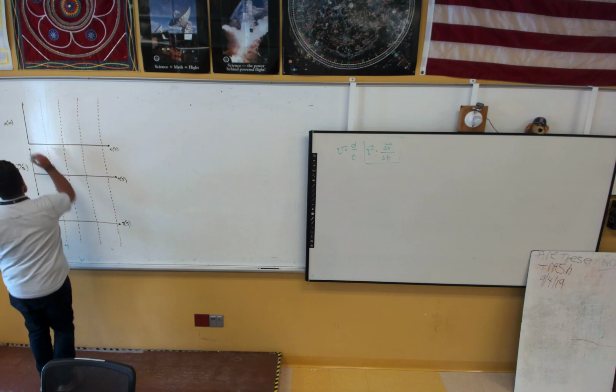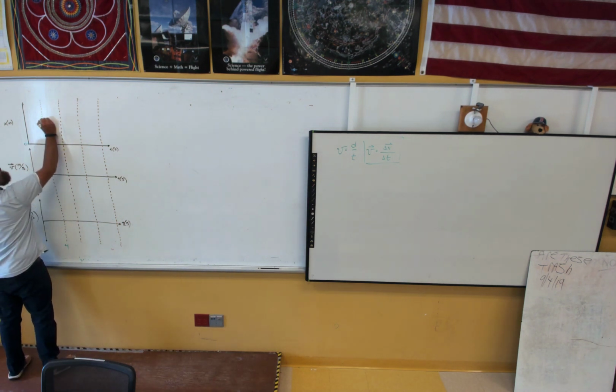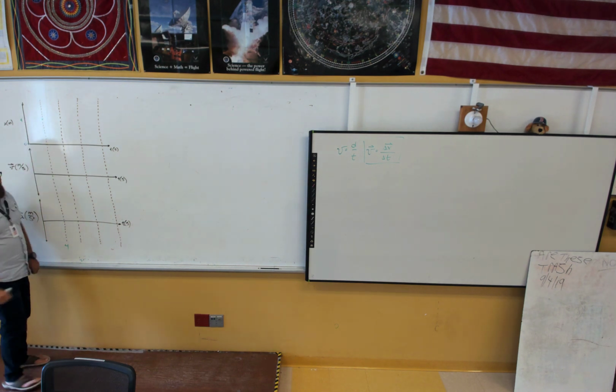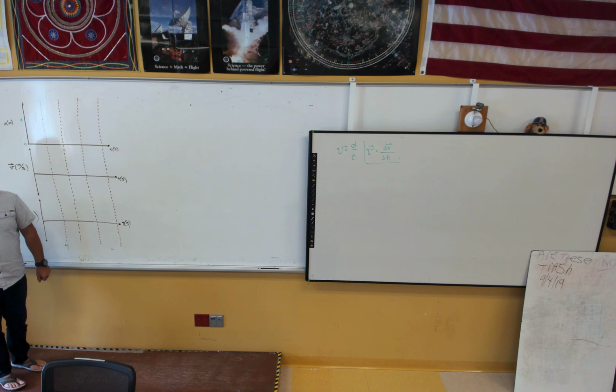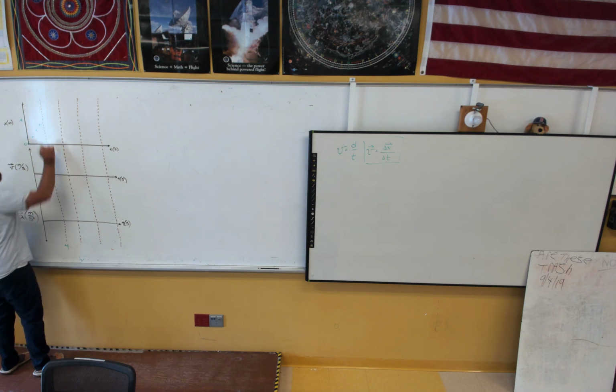Okay, so I'm going to start here at the origin at position 0, and I'm going to end here at position 4. Where am I at 1 second? Yeah, I'm at 1, and at 2 seconds I'm at 2, and at 3 seconds I'm at 3.